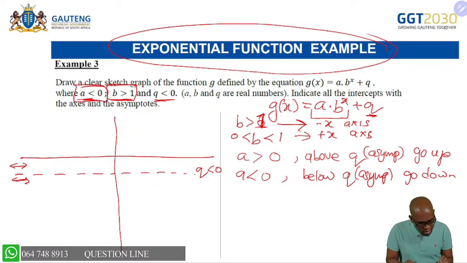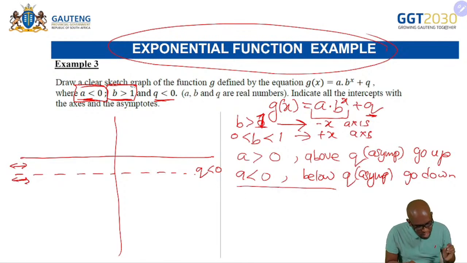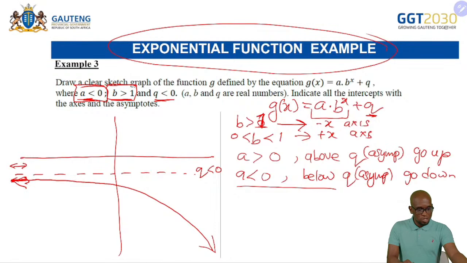What does a tell you? It tells you whether you start below or above the asymptote, and whether you go up or down. Because a is negative, it says start below q and go down. So this is our exponential function. That is how you are going to draw that exponential curve using the properties.